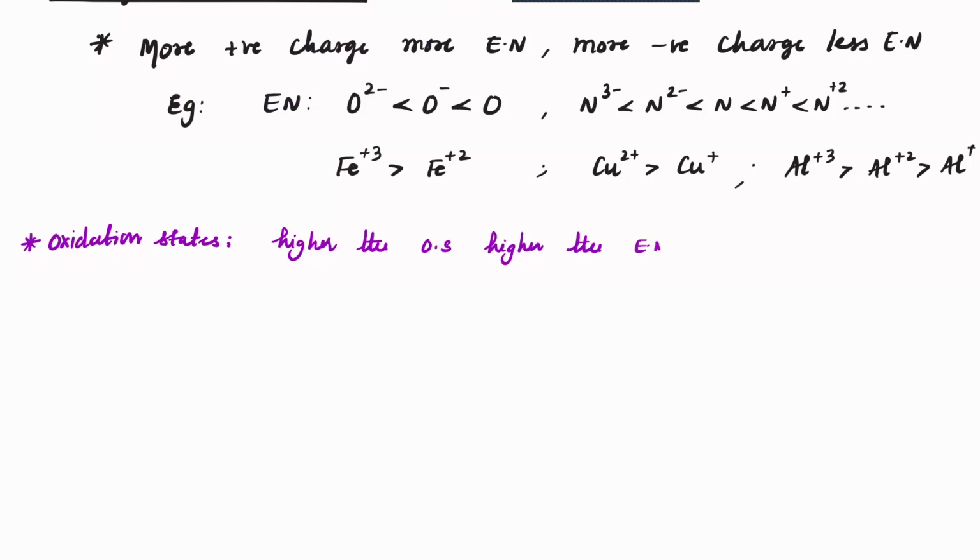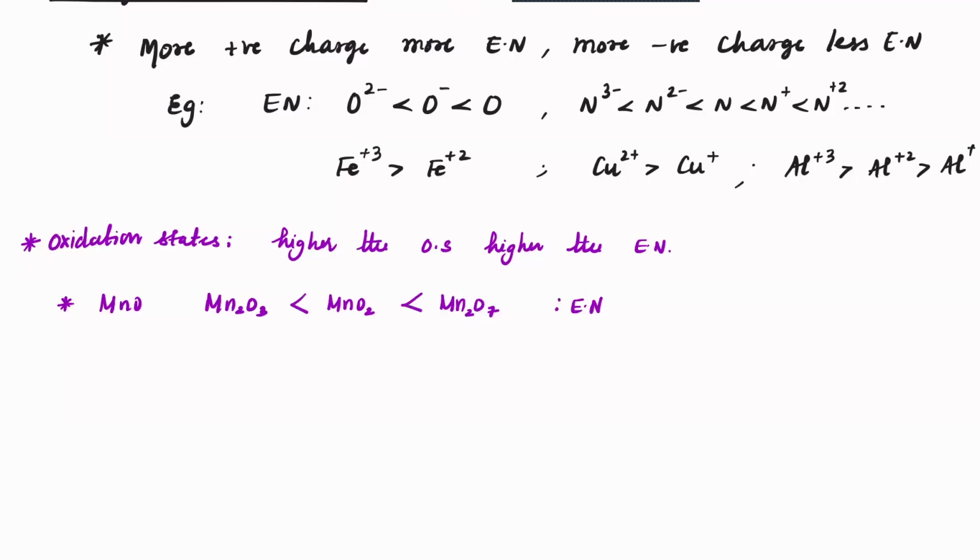If you notice MnO, Mn2O3, MnO2, Mn2O7, and compare the electronegativity, the last would be more.